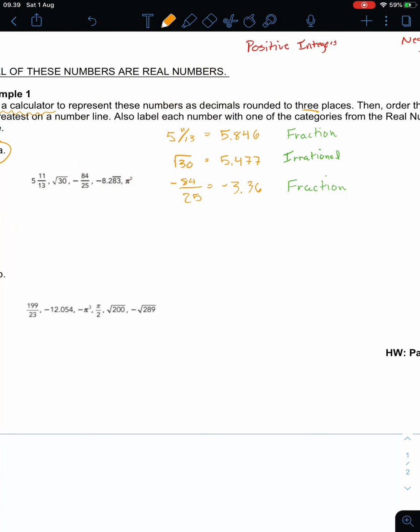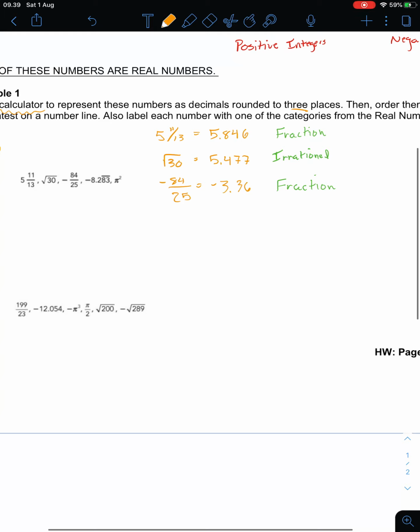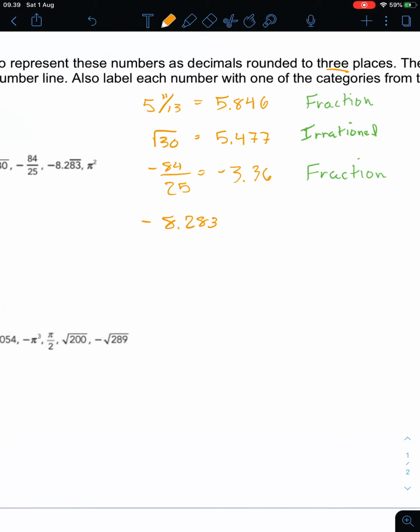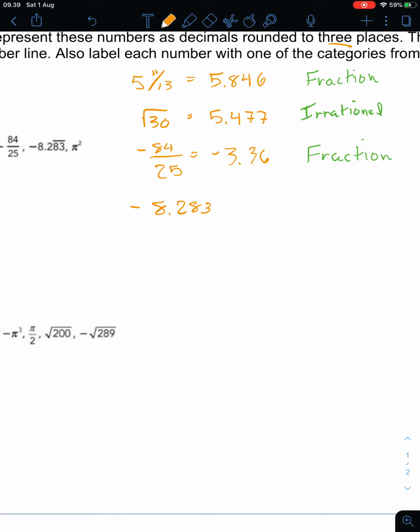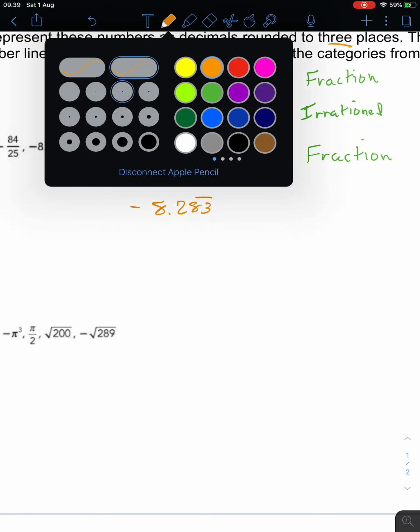Okay, the next number here is negative 8.283 repeating. Okay, negative 8.283 repeating is equal to, well, it's just equal to itself, right? That's the number we're going to use. All right.